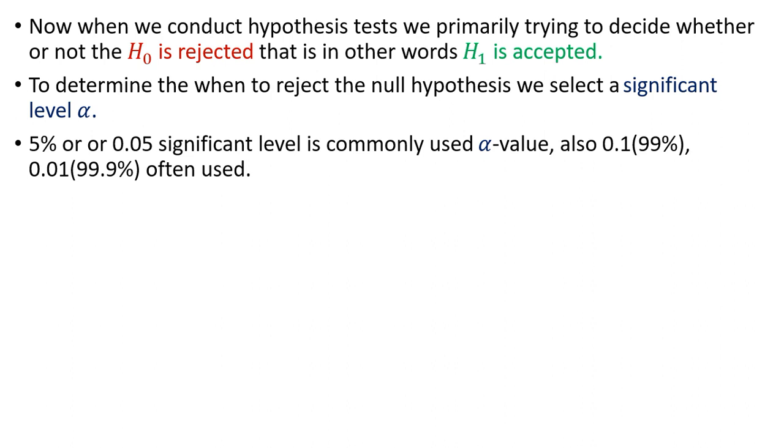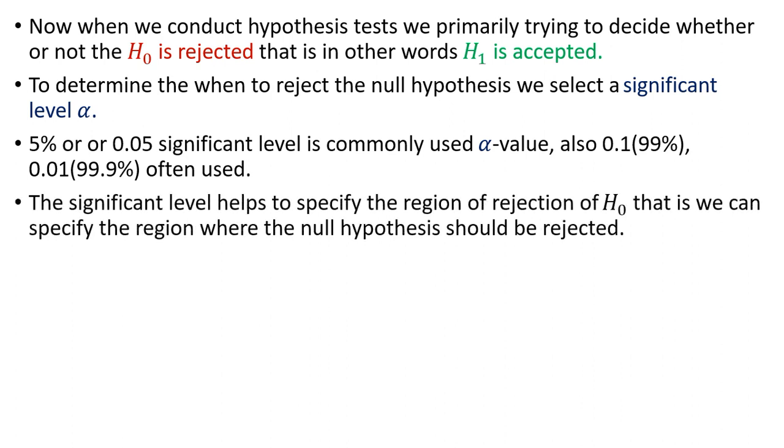If alpha equals 0.05, that is, if I say alpha level of significance, that means we have only 5% of the total area. Area means the area under the probability density curve. We will see later that it is actually the normal distribution or t distribution according to the problem. So if alpha is 0.05, then 5% of the total area will be the area where the null hypothesis is rejected.